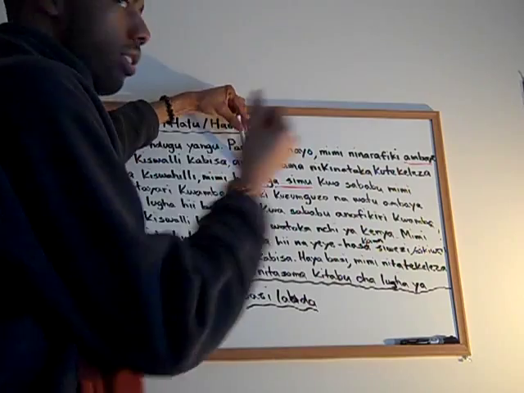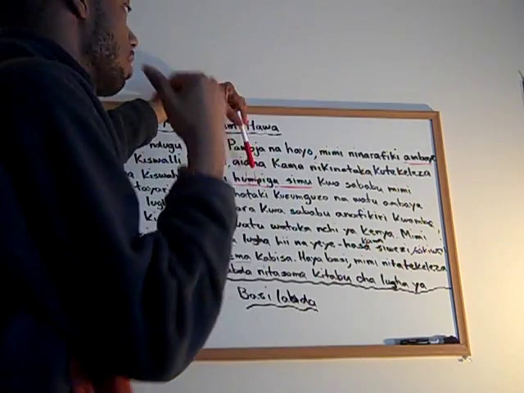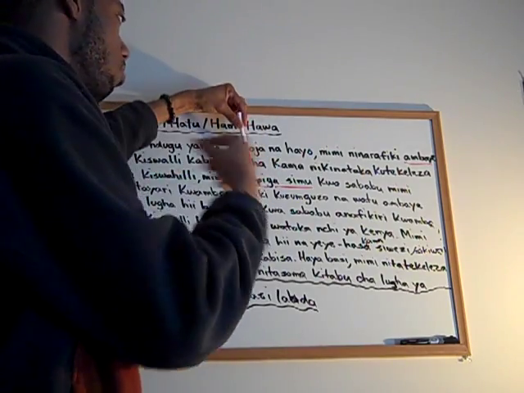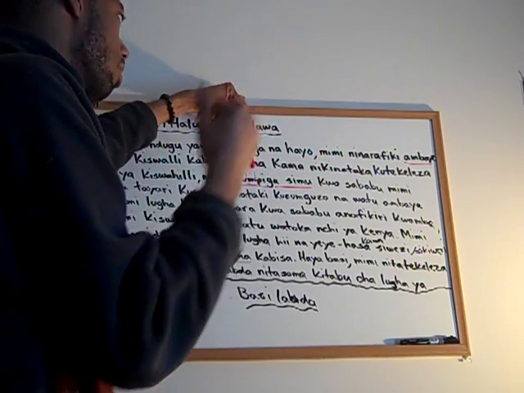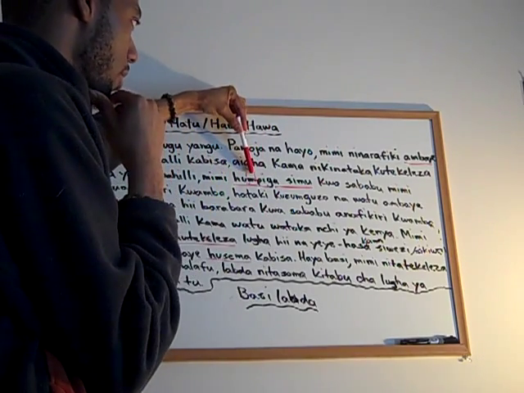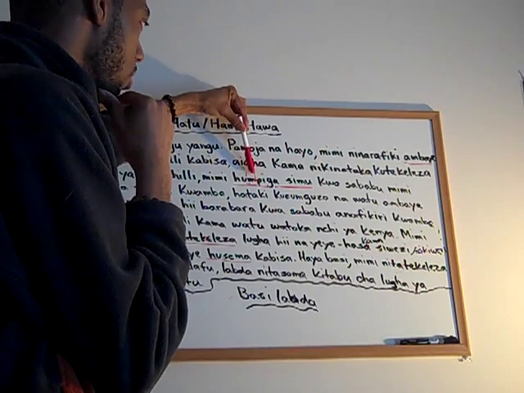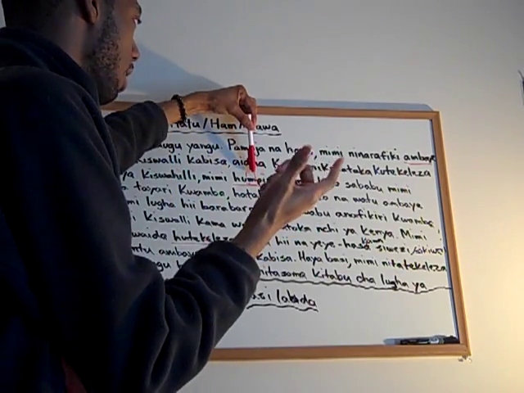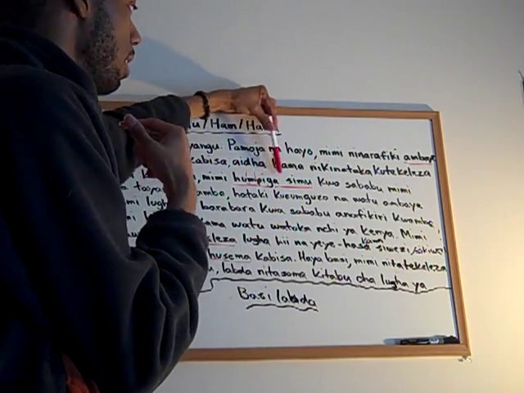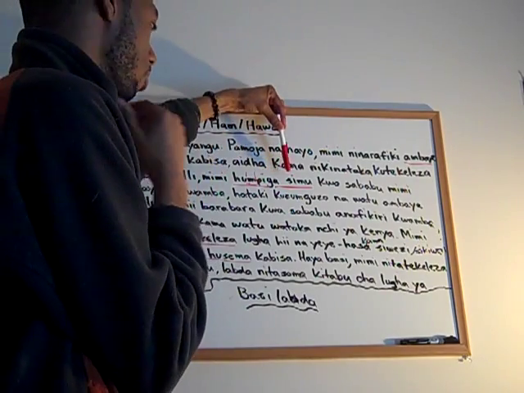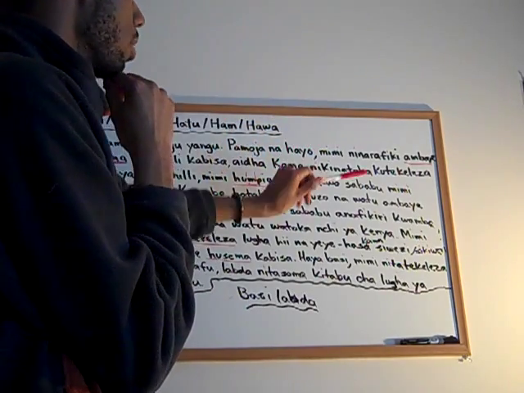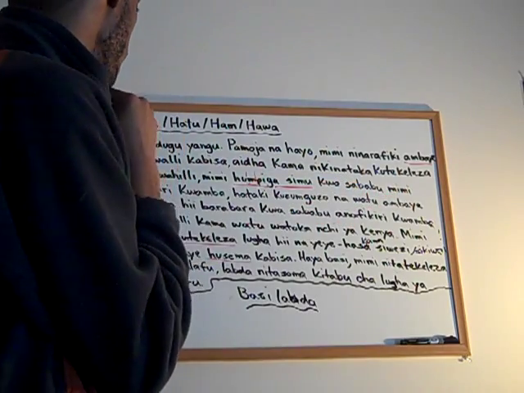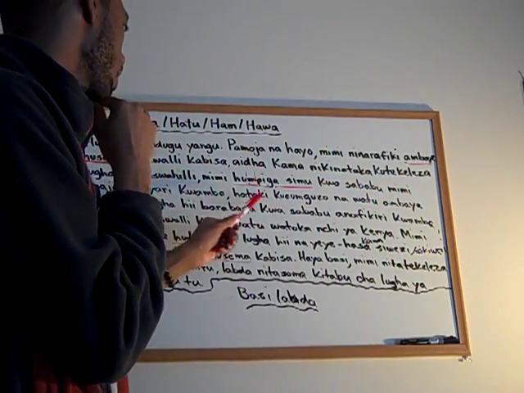The m refers to him, he or she. So humpiga simu means you call him or call her. So hu is habitual, the m is just the object, which is he, and then piga simu is the verb to call someone. Okay, kwa sababu, because mimi ninajua tayari kwamba hataki.